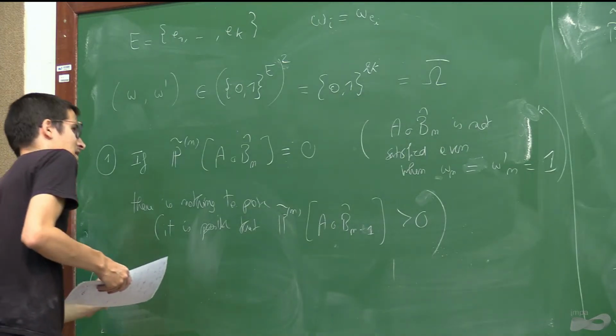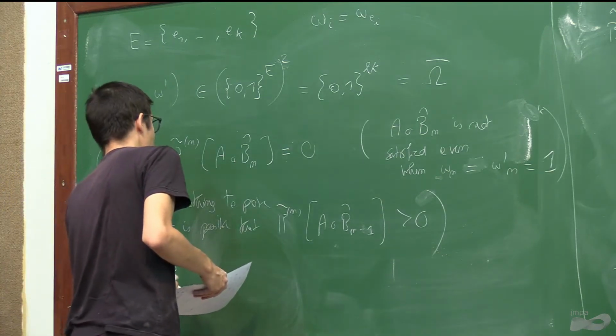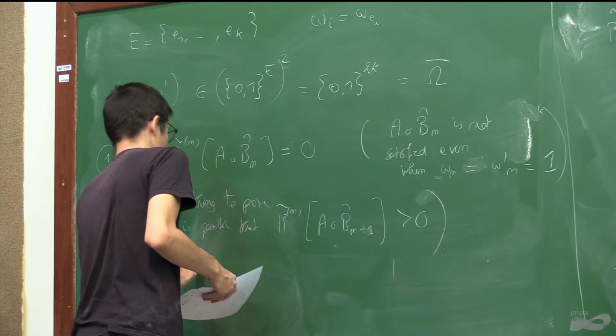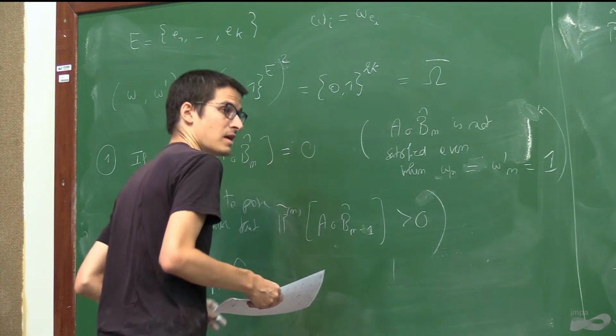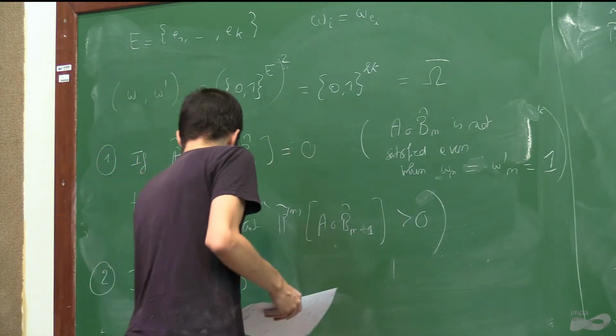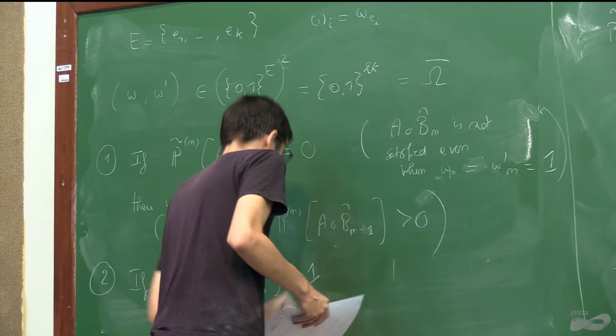The second thing is that, okay, what happens if P n of A B n minus 1 is equal to 1.